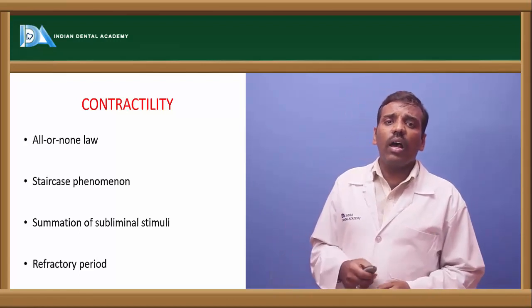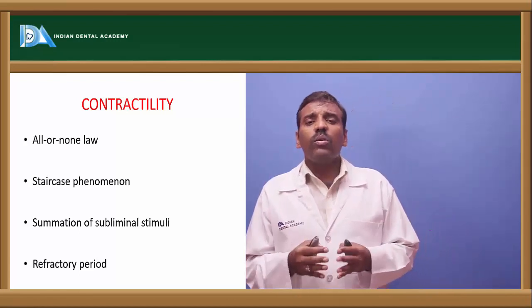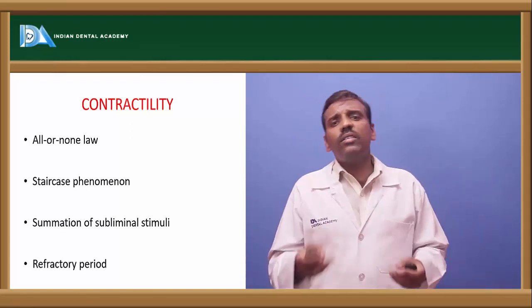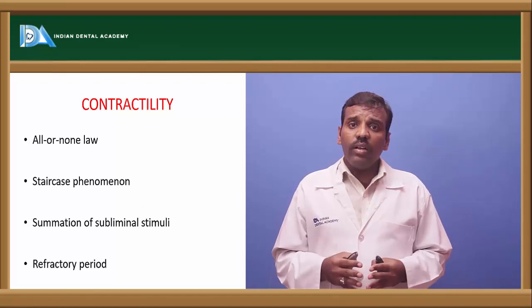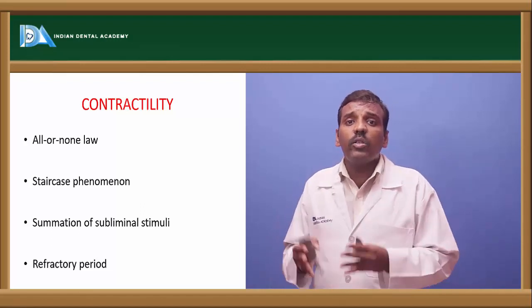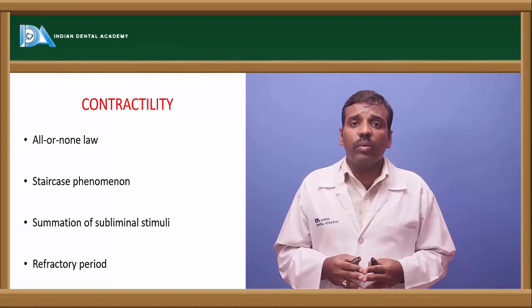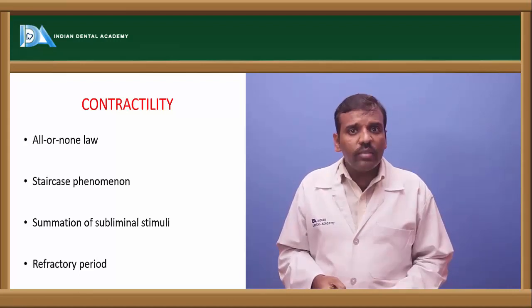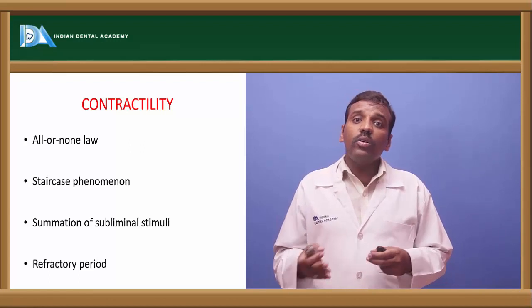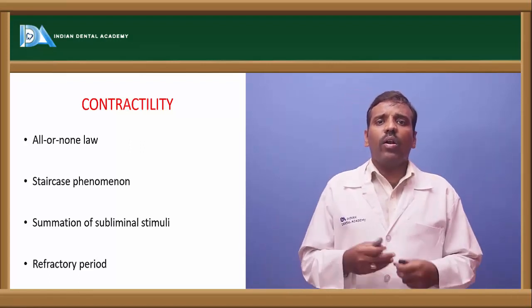If you see this all-or-none law, whatever the strength of the stimulus, the cardiac muscle either totally reacts to that stimulus or does not react at all. That is called the all-or-none law. Either the total muscle reacts or not at all.